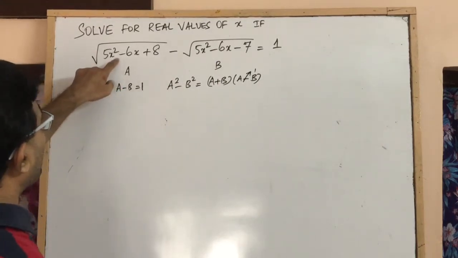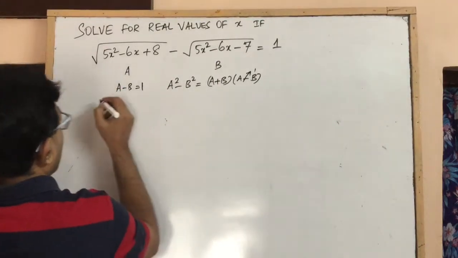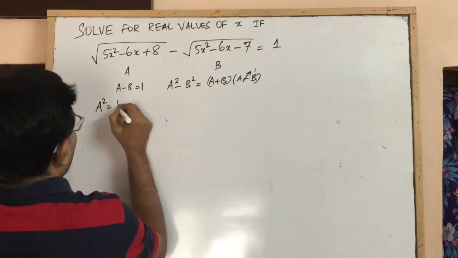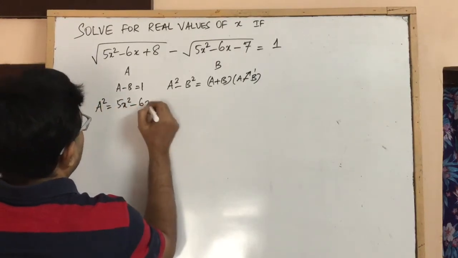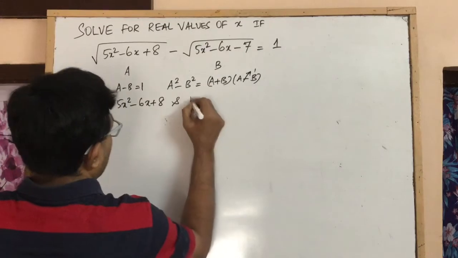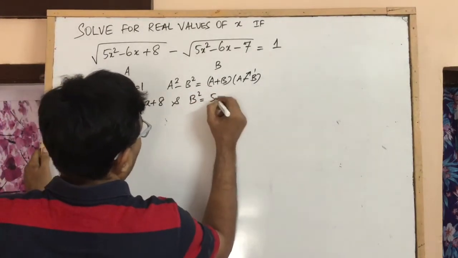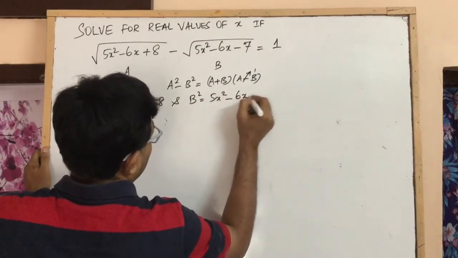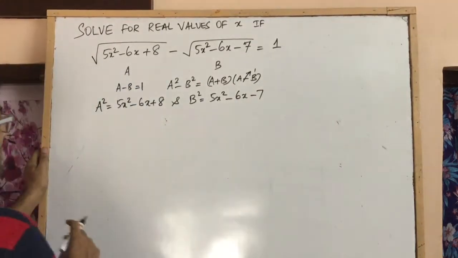So if this were a squared, it would be 5x squared minus 6x plus 8, and b squared would be 5x squared minus 6x minus 7. Now what does this mean?